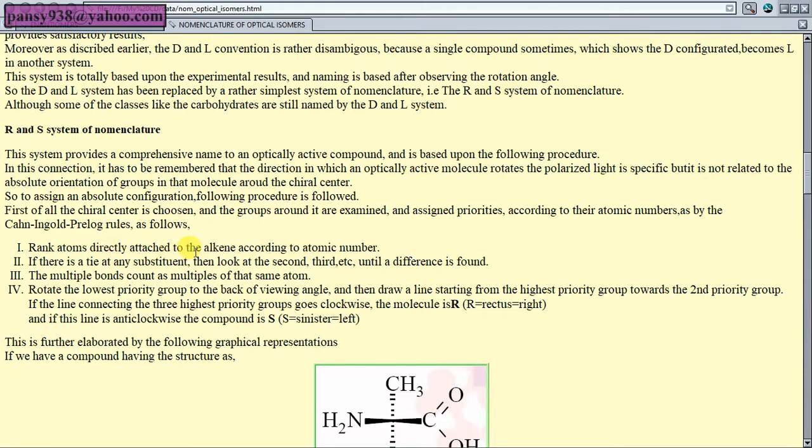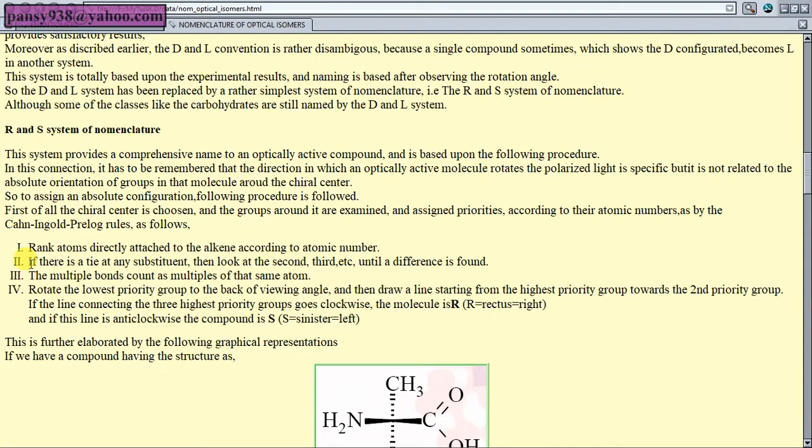The word alkene was present in the Cahn-Ingold-Prelog statement, which is a duplicate here, but it is not necessary that the alkene is the case. Any chiral center in the compound is ranked according to the atomic number.